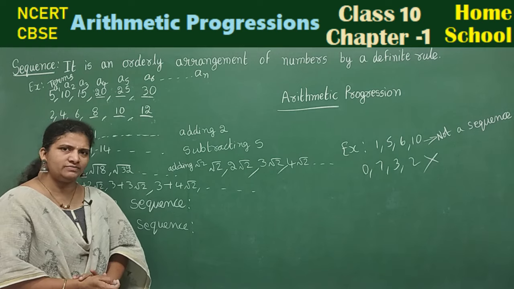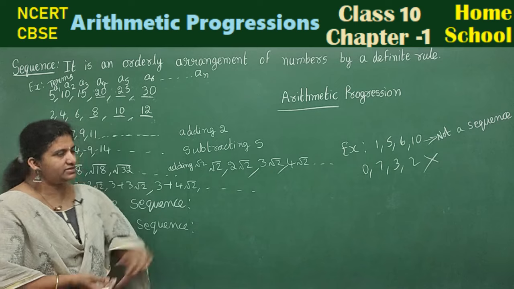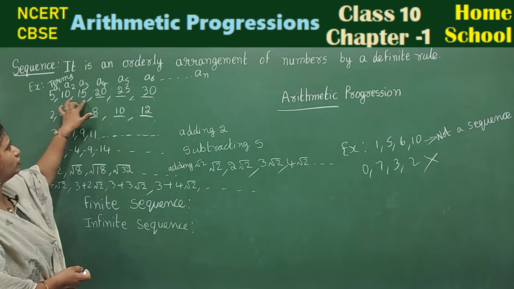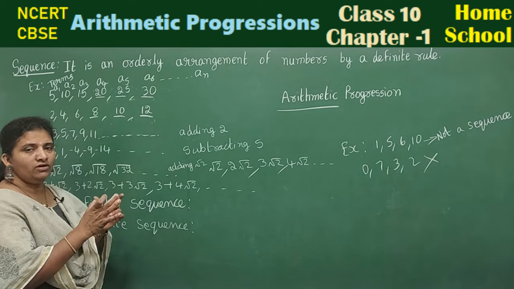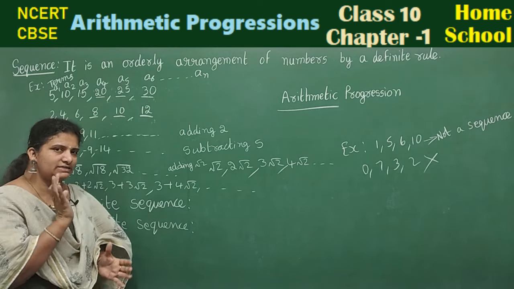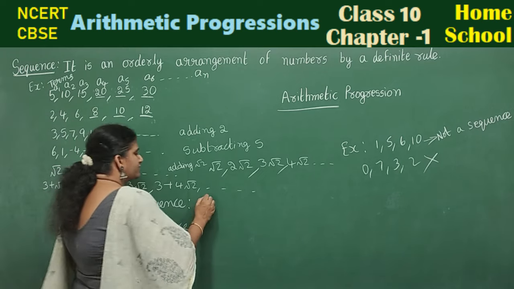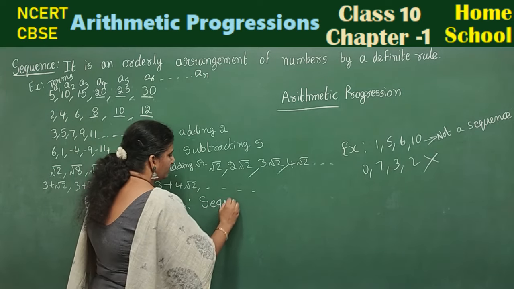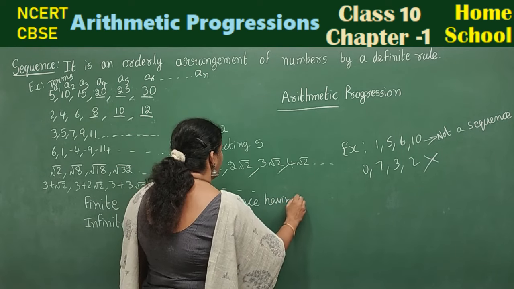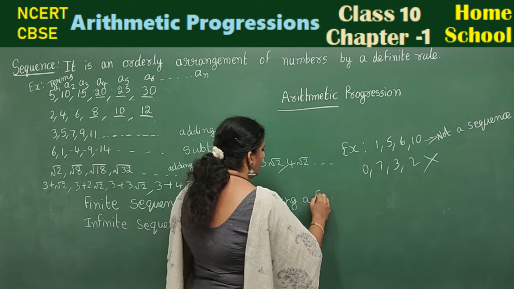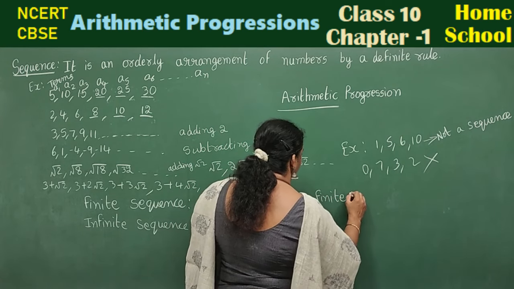Finite number of terms means what? There is an ending for the sequence. So look here, 1, 2, 3, 4, 5, 6 terms are there here. Therefore, how many terms are there? 6 terms. There is a finite number of terms.